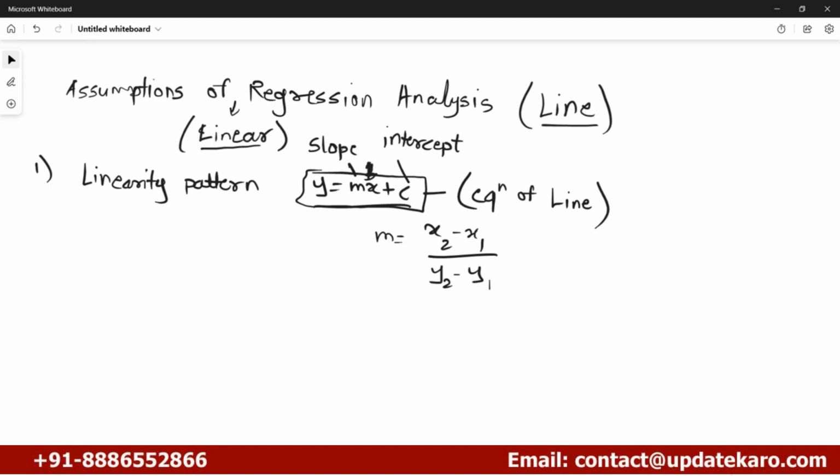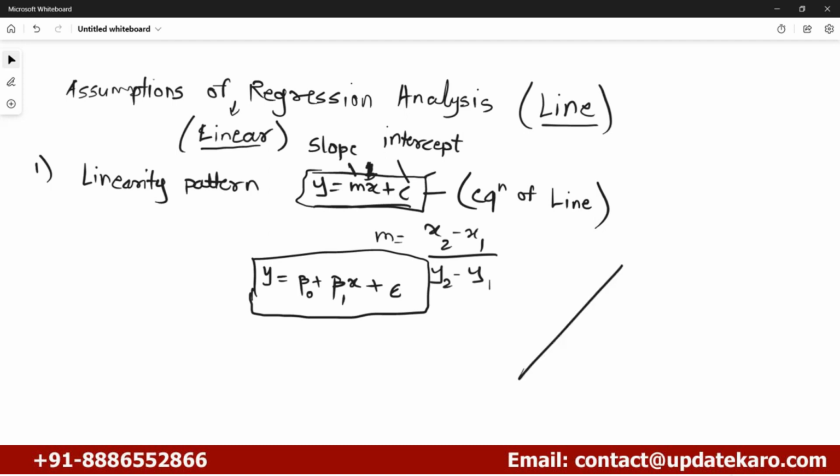Again, if I use another equation, which is y equal to beta naught plus beta 1 x plus epsilon, this is going to be the perfect equation for regression. Why am I saying perfect? Because this is nothing but the equation of a line.